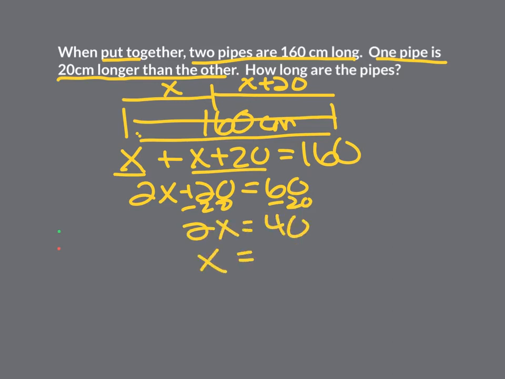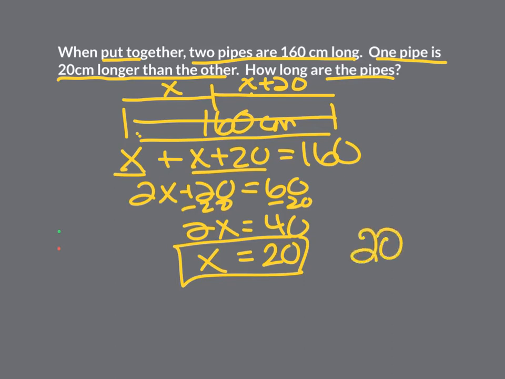Divide by 2, x equals 70. All right? So how long are the pipes? So the first one is x, and then the other one was x plus 20. So the pipes are 70 and 90 centimeters.